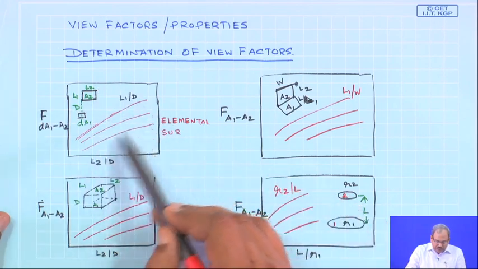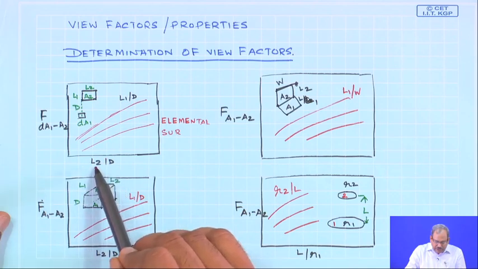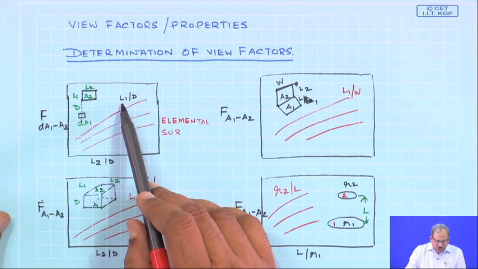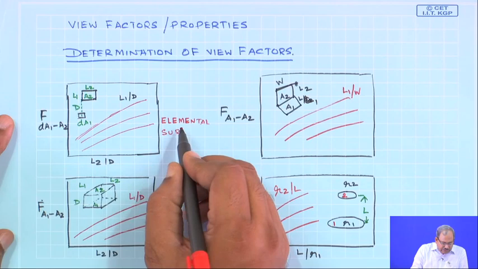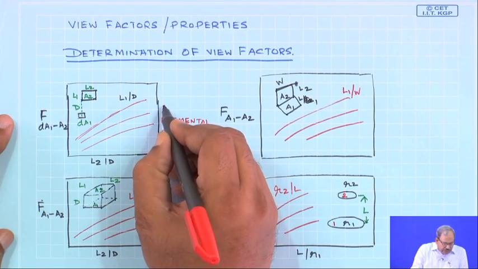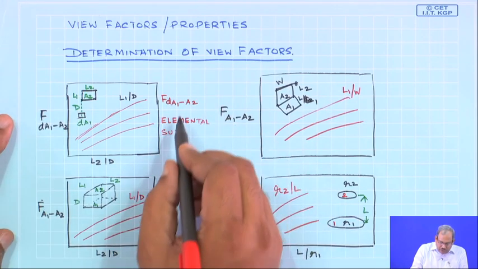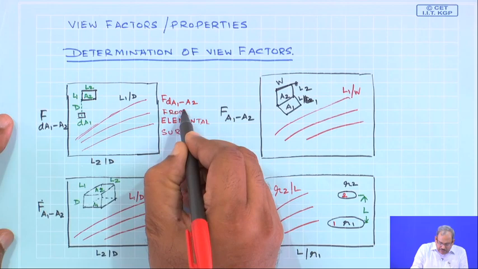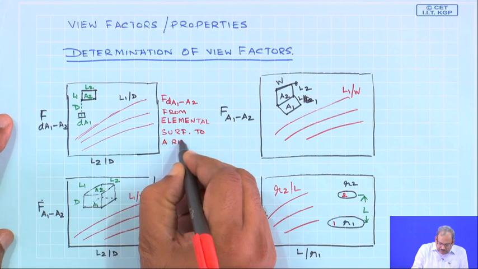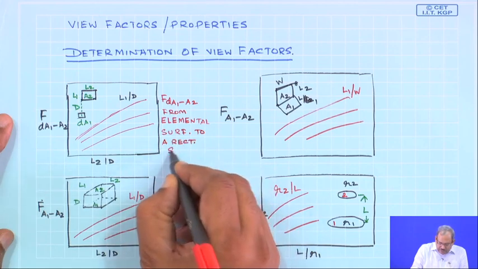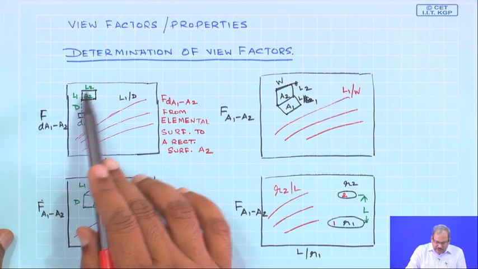You will see a number of curves like this, where the x axis is L2 by D, D is the separation, and the family of curves are for different values of L1 by D. This curve is F dA1 to A2, from an elemental surface to a rectangular surface which is having an area A2 and dimensions L1 and L2.